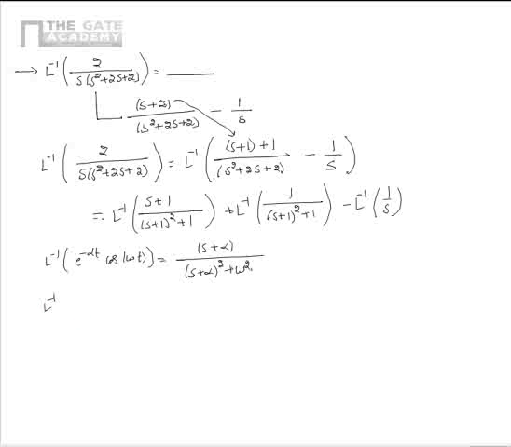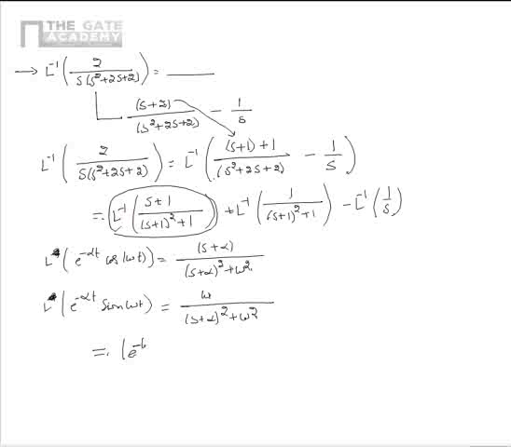Similarly, we know that the Laplace transform of e power minus alpha t sine omega t is equal to omega divided by ((s plus alpha) whole square plus omega square). So from this we see that in the first term alpha is equal to 1 and omega is equal to 1.